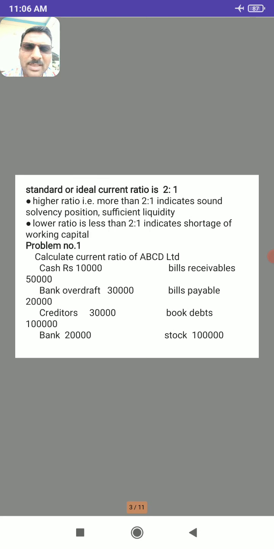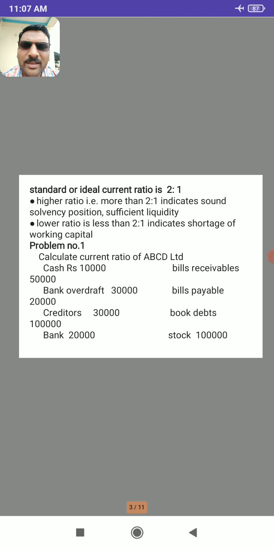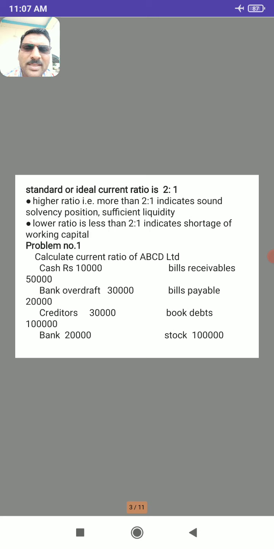The problem is like this: calculate the current ratio of ABCD Limited. Cash rupees 10,000, bills receivable 50,000, bank overdraft rupees 30,000, bills payable 20,000, creditors 30,000, book debts, meaning debtors, 1 lakh, bank rupees 20,000, stock 1 lakh.